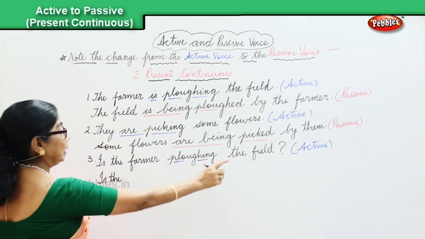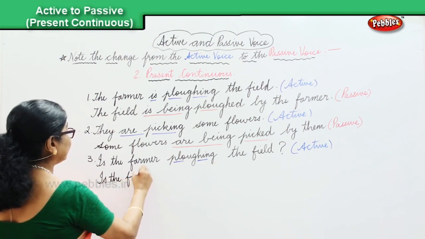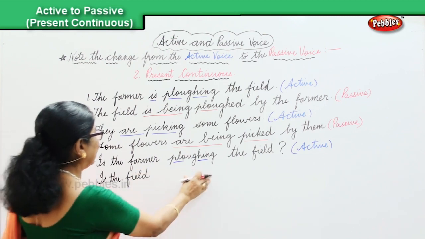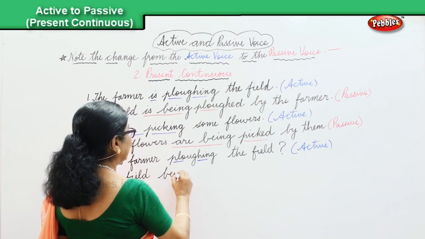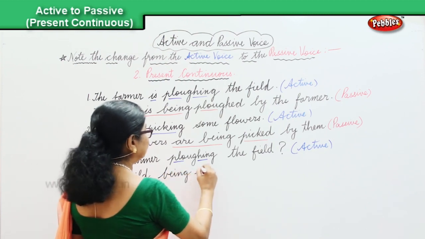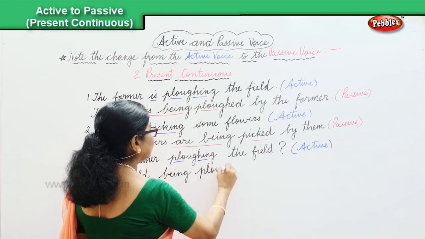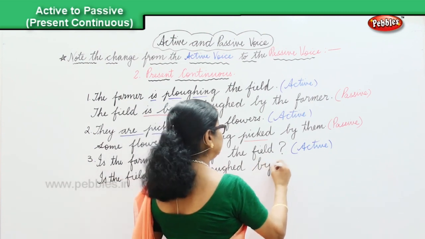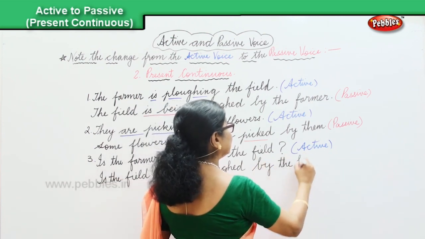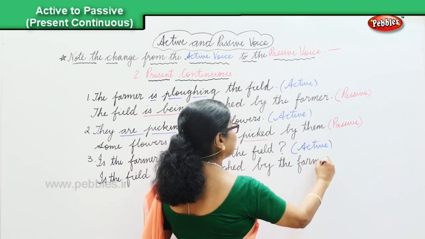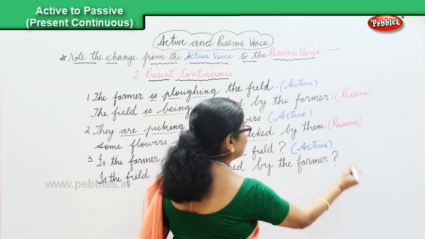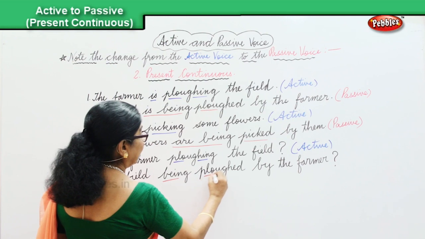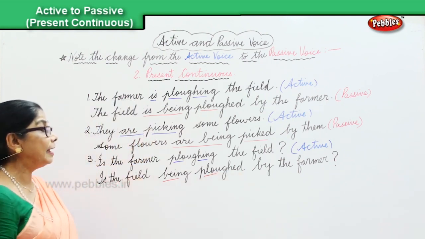Is the field being plowed by the farmer? The verb is being plowed. So that's in the passive.